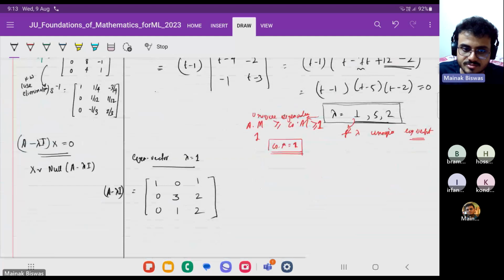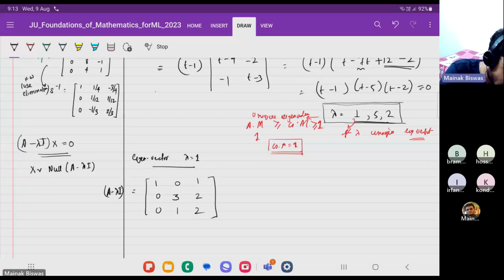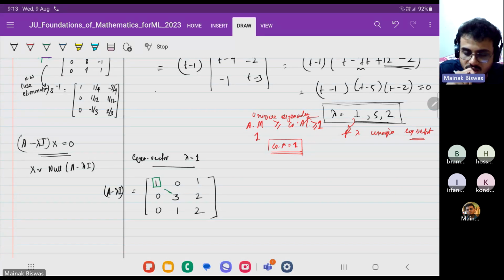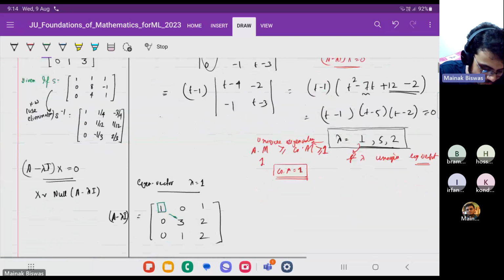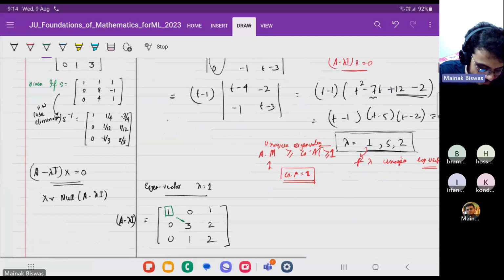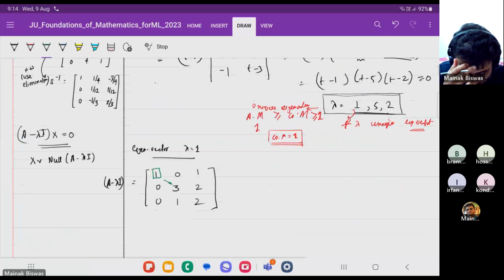Very simple. Generally you will start off with a pivot and then go downwards, but here you don't need to. Here it should be 0. 0 cannot be an eigenvector, right? It's a trivial solution. Isn't it? You can't have 0. No question.